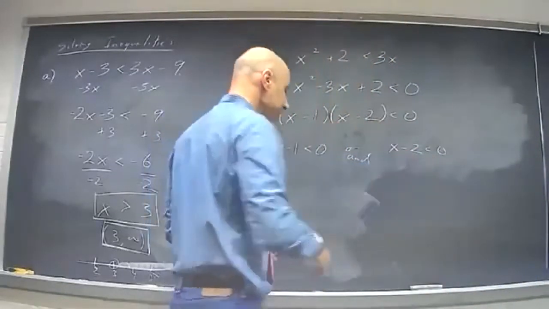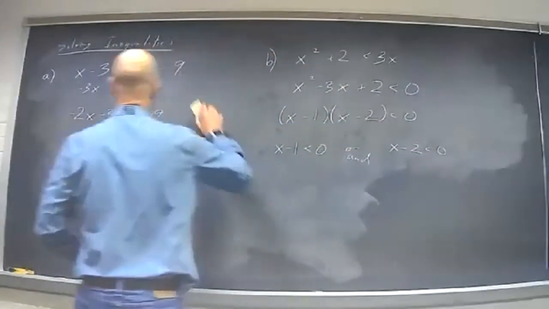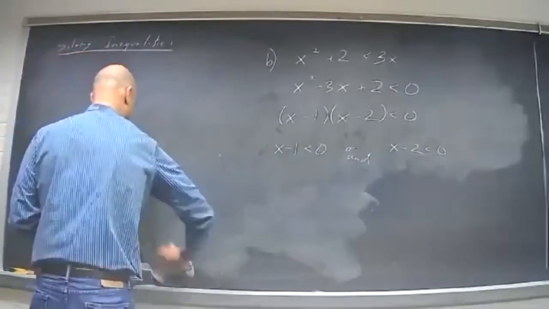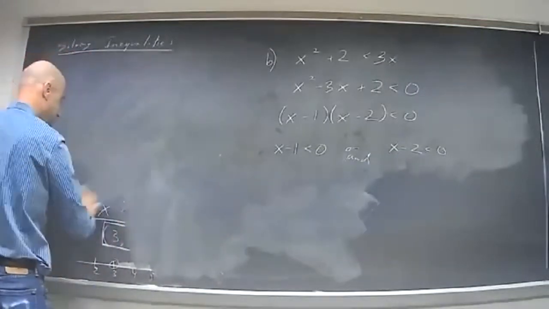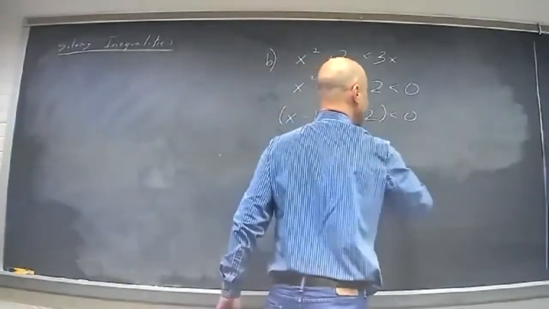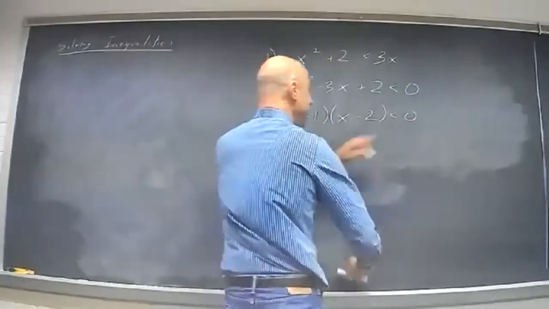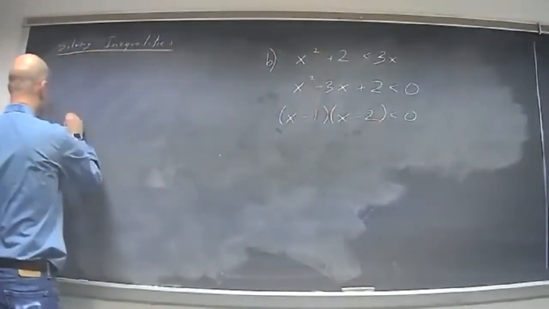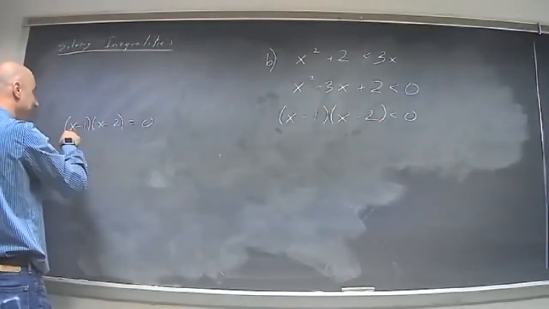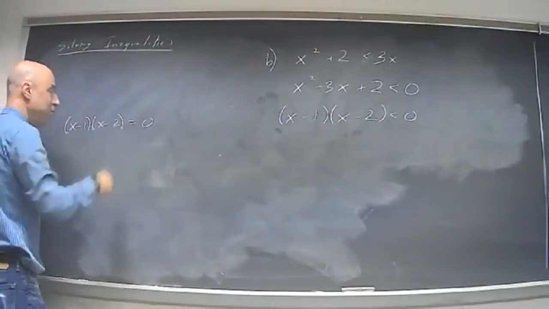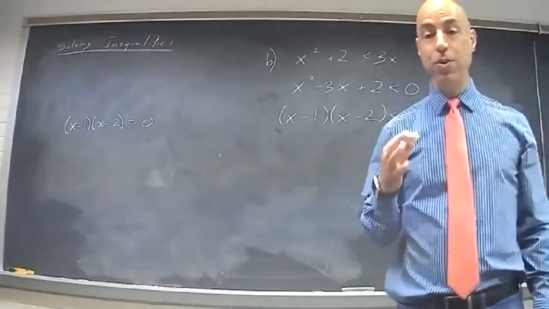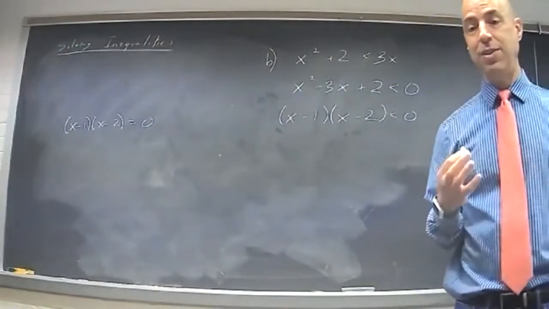So if that's what you did, or if that's what you were thinking of doing, we need to think this through. Before, when we had equal signs, if I had something like x minus 1 times x minus 2 equals 0, we were able to write x minus 1 equals 0 or x minus 2 equals 0, because if the product of two or more things gives you 0, one of them has to be 0.